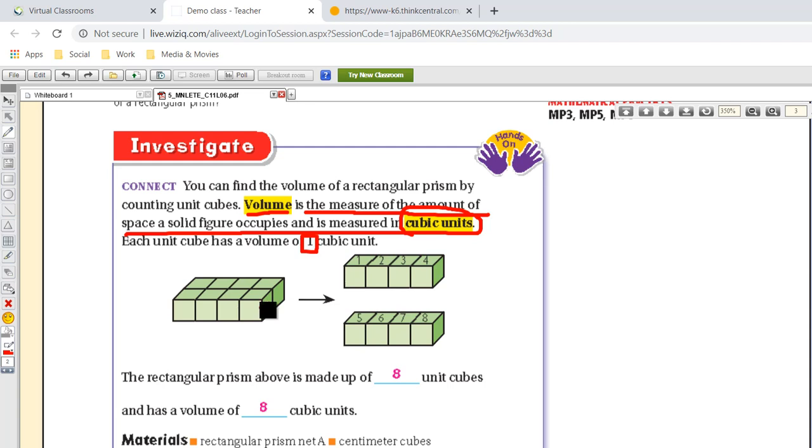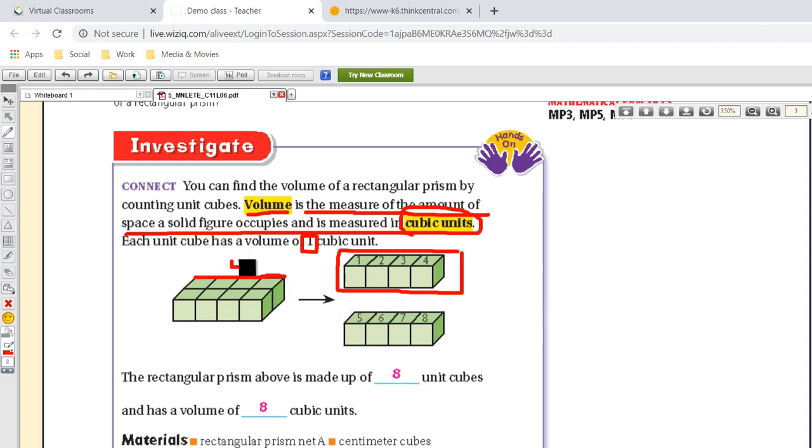So we have here this 1 and this 2, 3, 4. So we have here 4 units. As you see here, we have 4 cubic units.